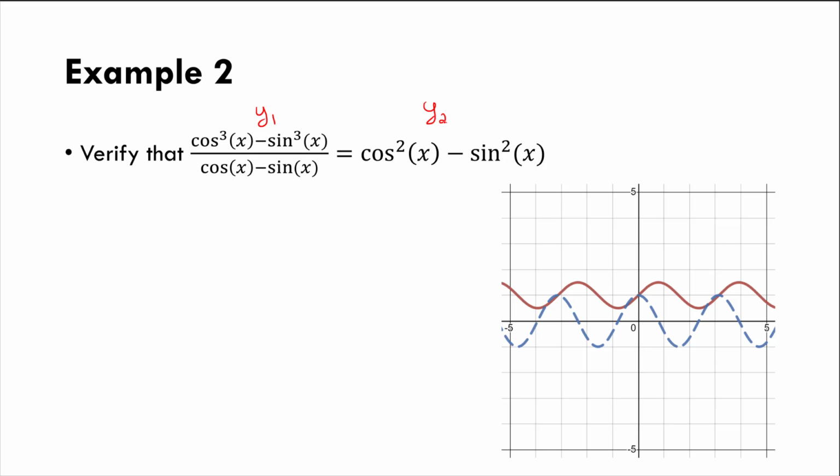They're not overlapping aside from a few points, maybe a few curve sections, but that's about it. So if our graphs do not appear to be the same, then we do not have an identity, and lucky for us, we don't have to do any algebraic manipulation or verifications. We are just done there. We can say that these two sides of the equations are not the same, and we do not have an identity here.